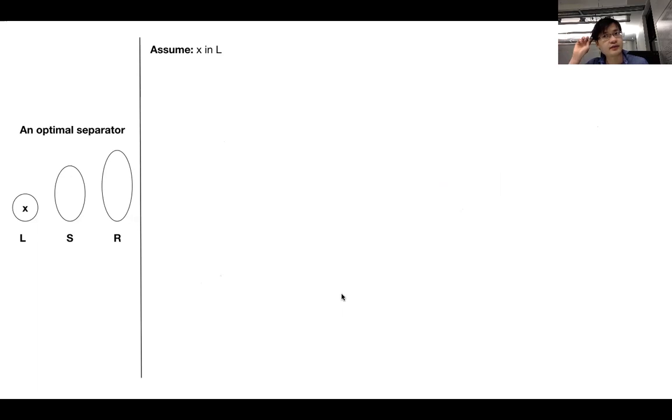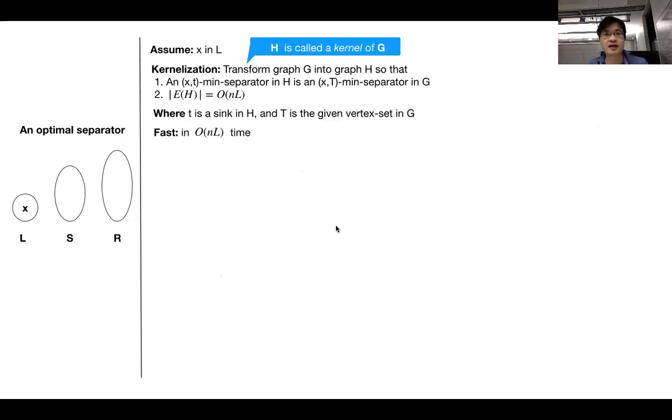Next, I'm going to tell you the idea of how to compute vertex connectivity. Consider a fixed optimal separator L, S, and R, where X is in L. Let's assume somehow we know X is in L. Here is the step of kernelization. We want to transform graph G, the original input graph, into some graph H so that it preserves the X-T minimum separator.